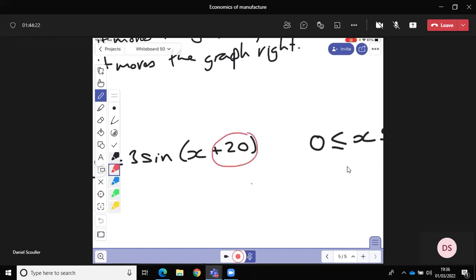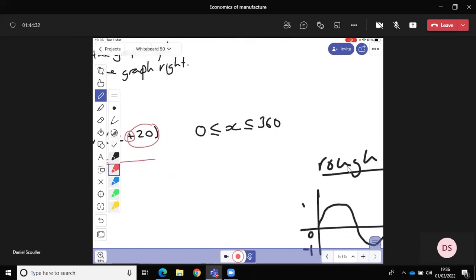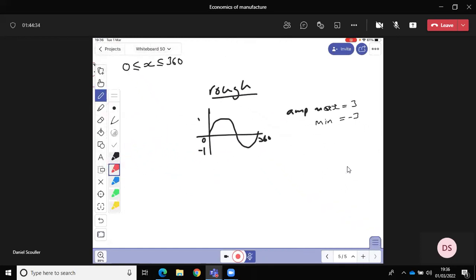Now that's going to move it, counterintuitively, to the left. So this positive means we're moving it to the left. All the milestones are going to move to the left by 20 degrees.